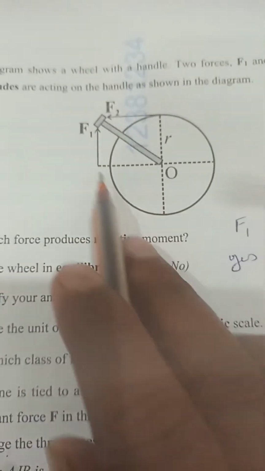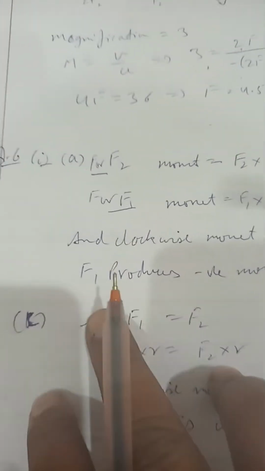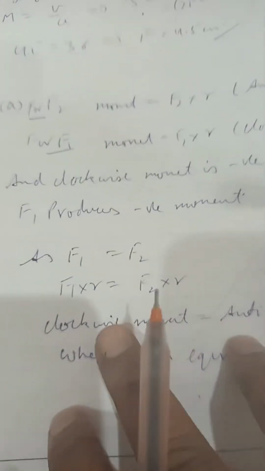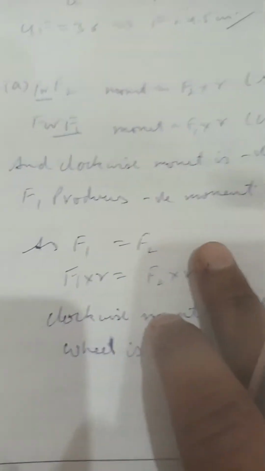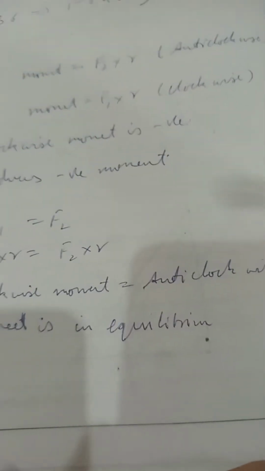F1 into R is the moment due to F1, and for F2 the moment is F2 into R. So the moment is the same in both cases. Clockwise moment is F1 into R, anti-clockwise moment is F2 into R. But F1 and F2 are the same, so F1 into R equals F2 into R. So what does it mean? The wheel is in equilibrium.